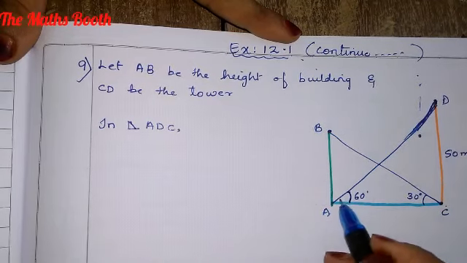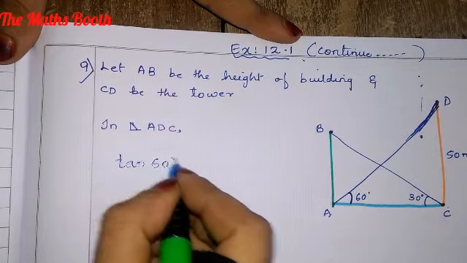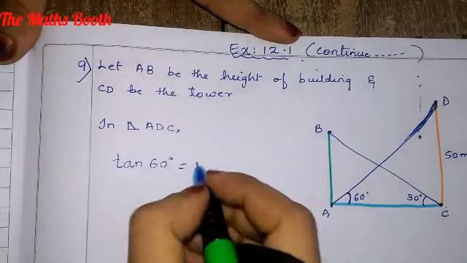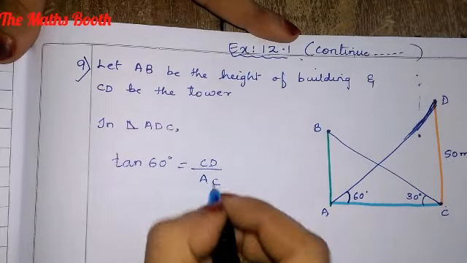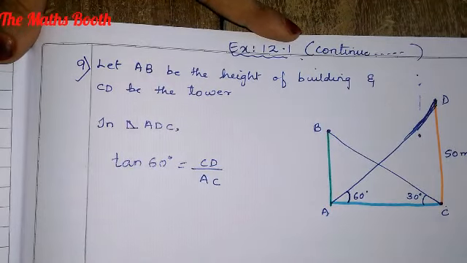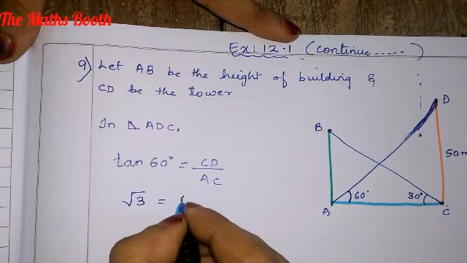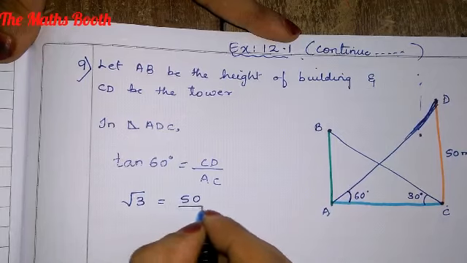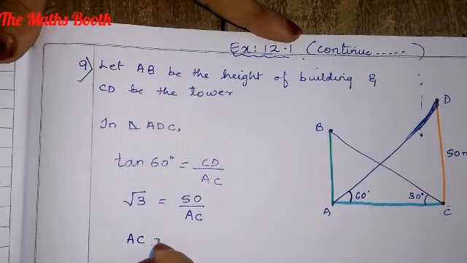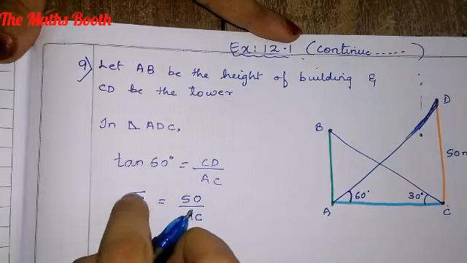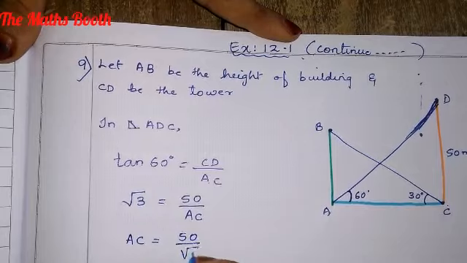In this triangle, 60 degrees angle, tan 60 degree is equal to, tan is opposite CD upon adjacent AC. Tan 60 we know is root 3. CD is given, 50, upon AC, we don't know. AC is equal to 50 upon root 3.